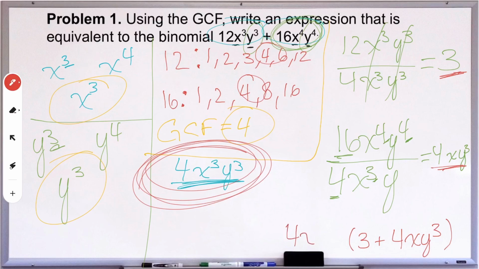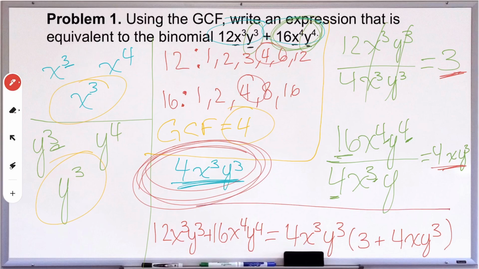So we're going to multiply our GCF by our new factor, 4x cubed y cubed. Therefore, our binomial 12x cubed y cubed plus 16x to the power of 4 times y to the power of 4 is equivalent to 4x cubed y cubed times 3 plus 4xy.